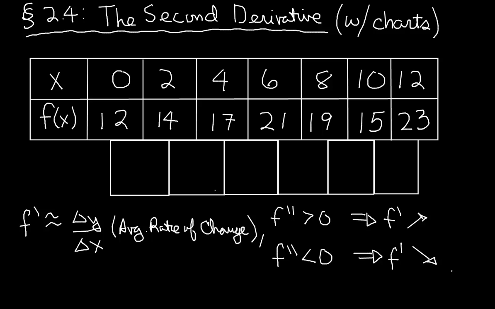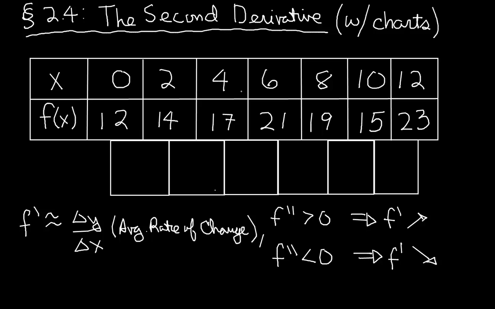And this is what we're going to be looking for, except in terms of average rates of change. If the average rate of change is increasing, we should expect the second derivative to be positive. If the average rates of change are decreasing, we should expect the second derivatives there to be negative. And that's why I've drawn these little boxes here, because that's where we're going to find the average rates of change over these intervals. For example, 0 to 2, 2 to 4, 4 to 6, etc.